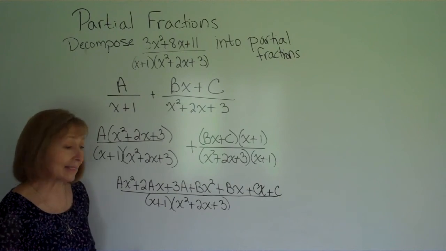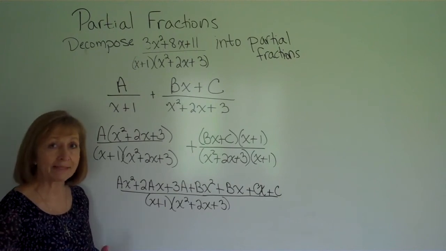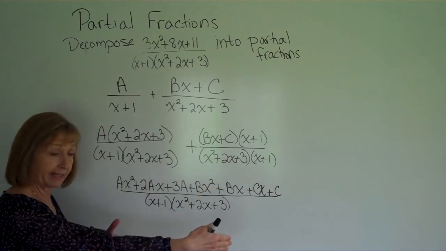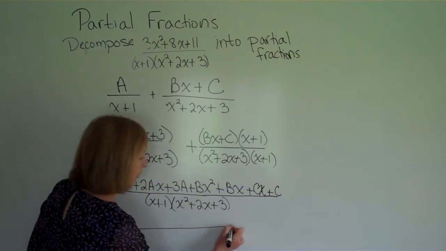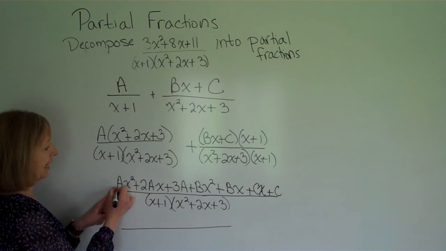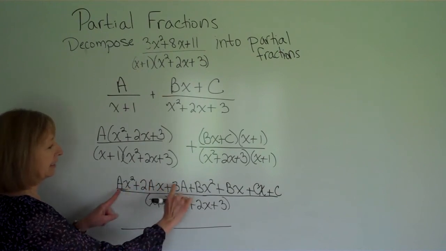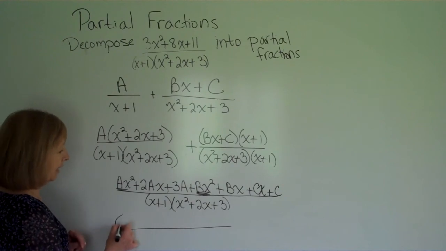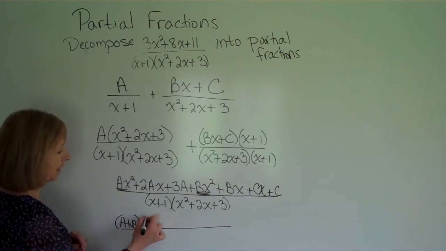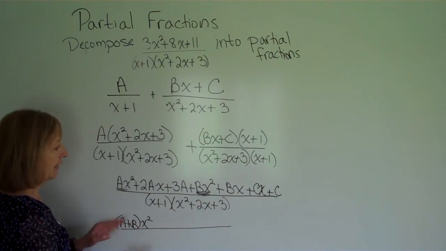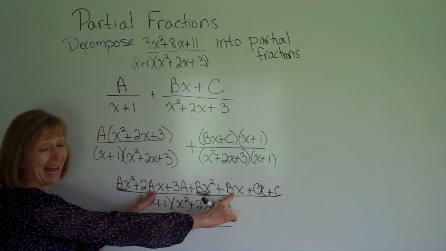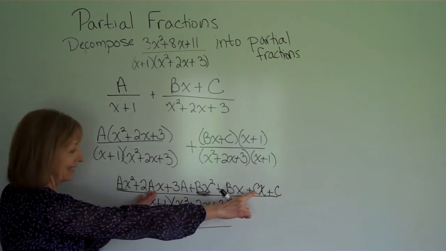Now remember, the next step, we want to get all the terms that have the same power of x next to each other and factor that power of x out the back. So we have an ax squared and a bx squared. So I'm going to write a plus b and then times x squared. And then I have a 2ax, a bx, and a cx.